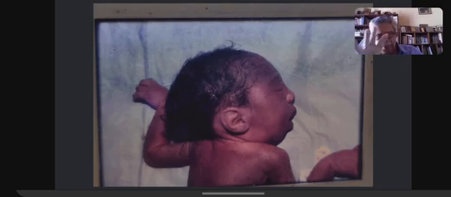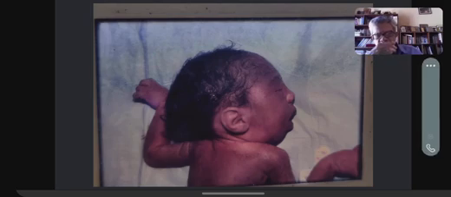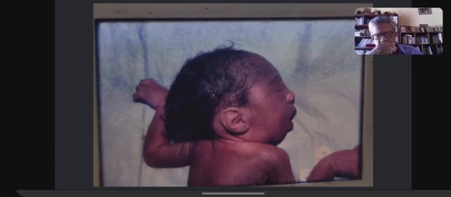So this is the appearance of the face in such a child. So that's a spot diagnosis. So this story actually exhibits what's called the Potter's sequence.